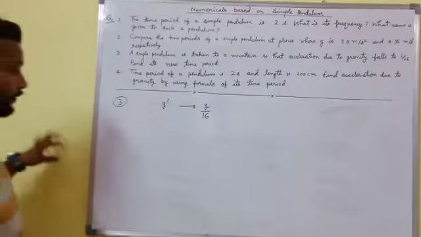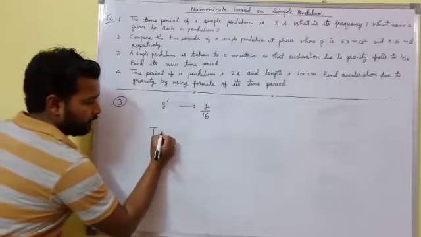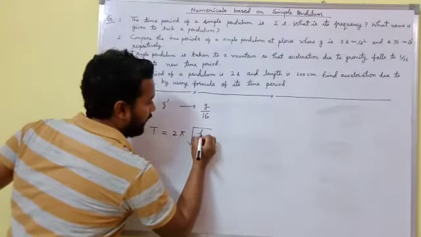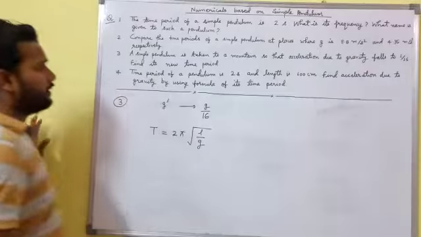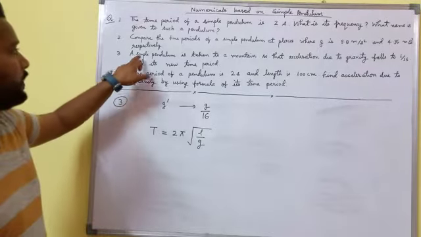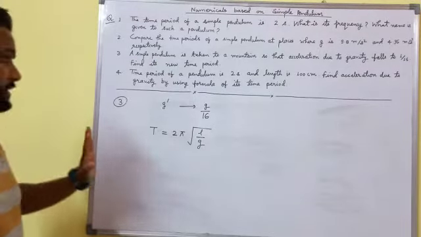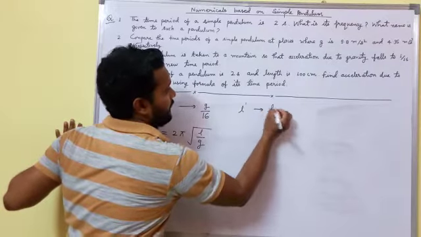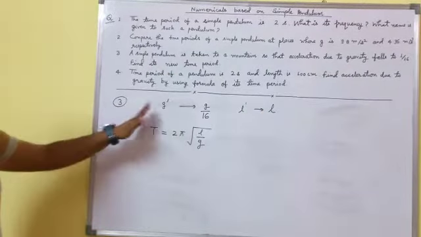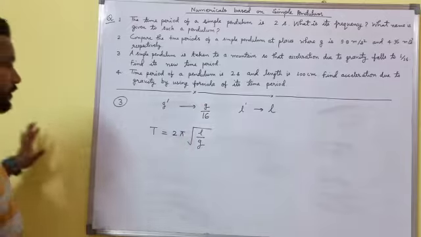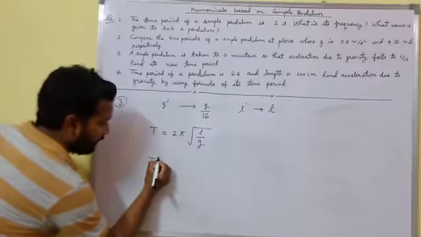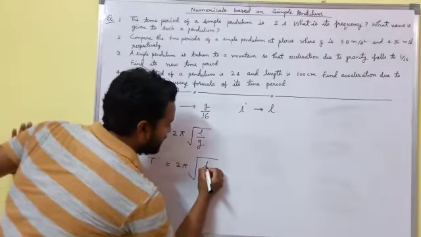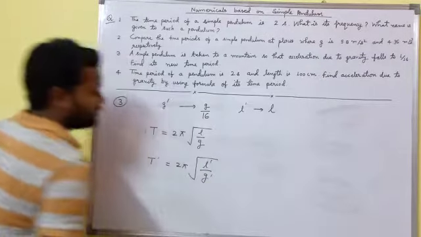We already have the relation T equals 2 pi root L by g. Students, in this problem length is constant. It means L dash will be the same as L, but g becomes g by 16. So the new time period will be 2 pi root L dash upon g dash.